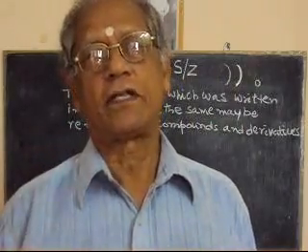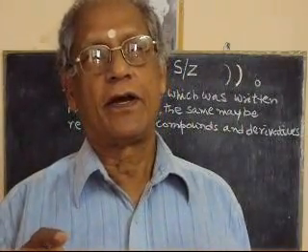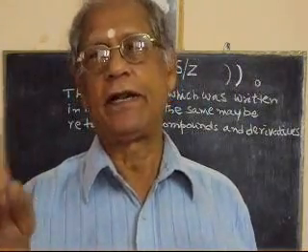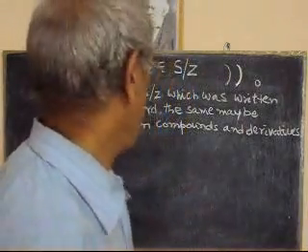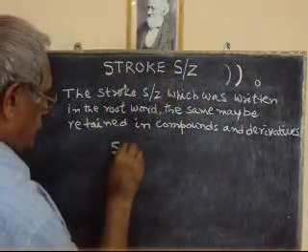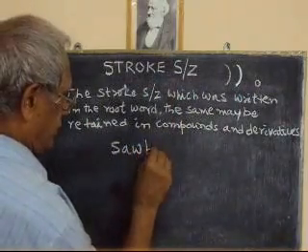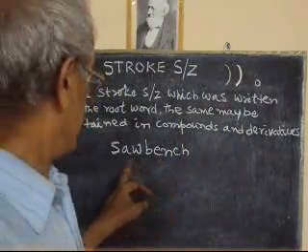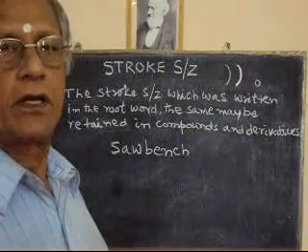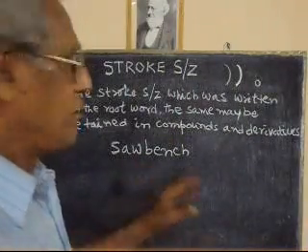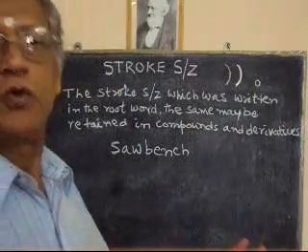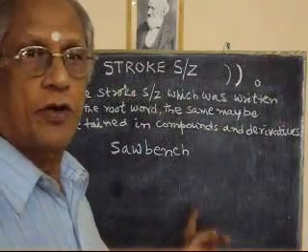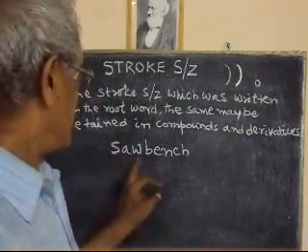The stroke form of S or Z written in the root word will be retained in compounds and derivative words. For example, saw bench. This is a compound word. Saw is the cutter with teeth. Bench is different. So these two words are put together and it has become a compound word.